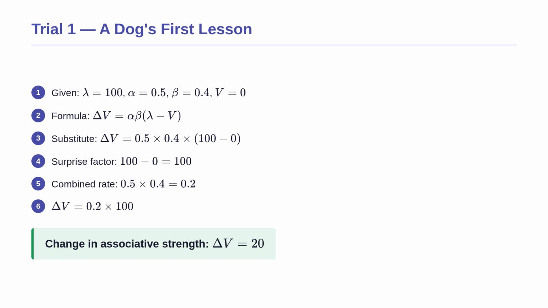Let us solve this step by step. We substitute our values into the equation. First, we find the surprise factor inside the parentheses, which is 100 minus 0. Next, we multiply the learning rates outside to get 0.2. Finally, multiplying 0.2 by 100 gives our final answer of 20. Physically, this means after just one trial, the dog's expectation that the bell predicts food has jumped from 0 to 20.